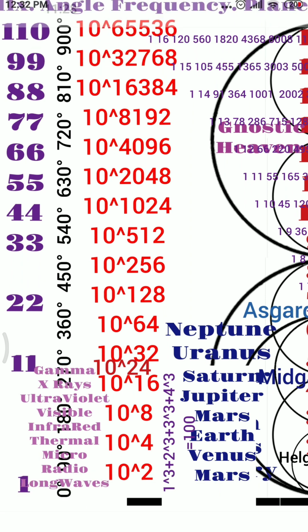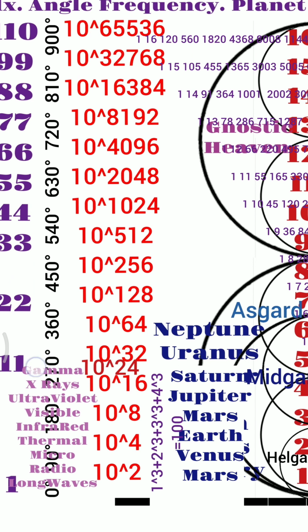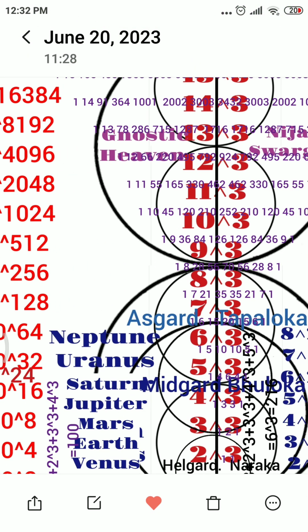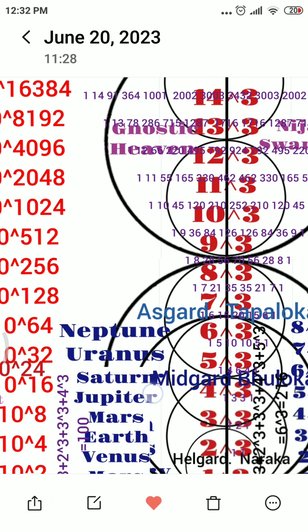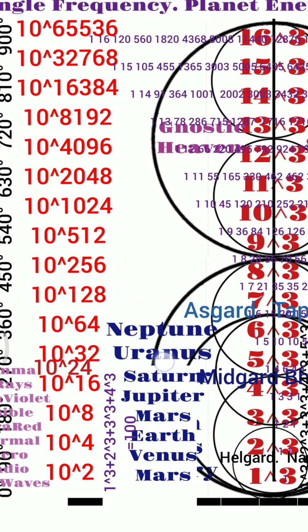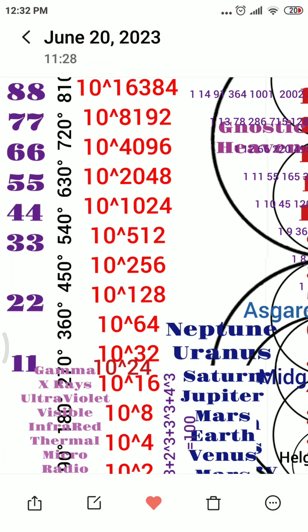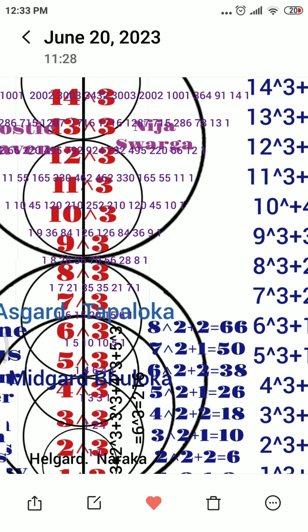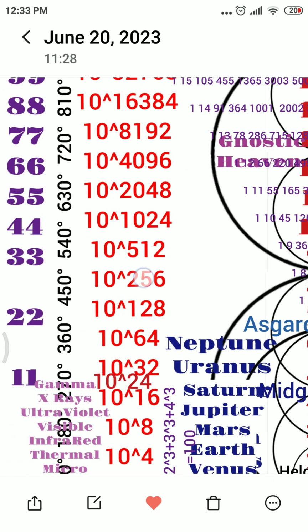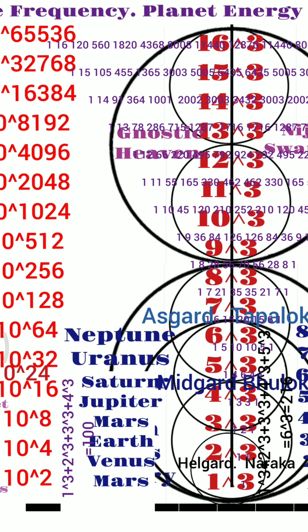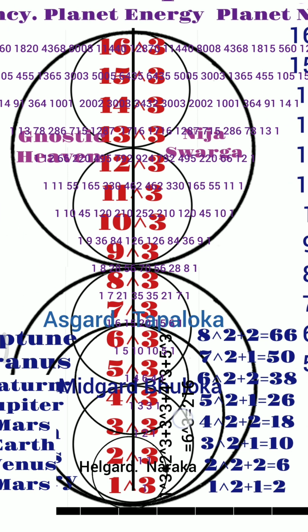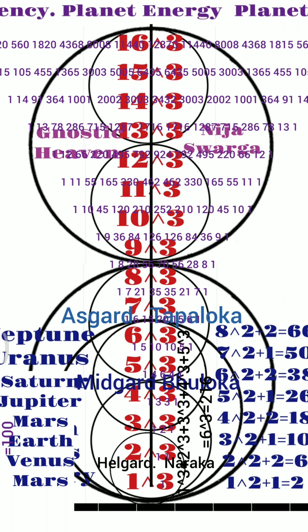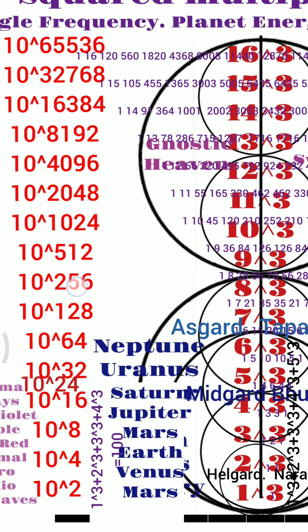We can measure the evolution, but that lasts only up to 11 with the first eye only. Even with one eye you can see all this, but with two eyes you can see up to 128, or even 256, actually till 8 cube. If you can master the crown chakra, you can view till this radiation.